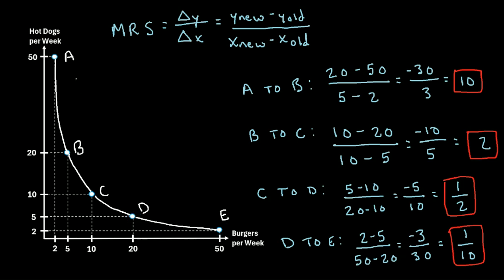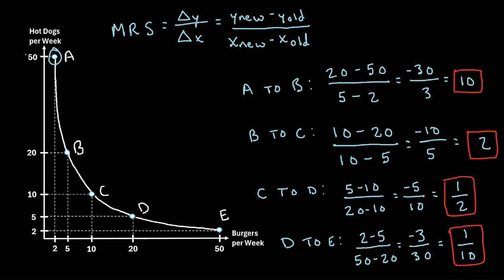So one thing that we'll notice is that as we're moving down the indifference curve, our marginal rate of substitution is getting smaller and smaller. Another way to say that is that the marginal rate of substitution represents the slope of the indifference curve. So the slope is getting flatter and flatter. And what that really means is that when we're at point A all the way up here and we have 50 hot dogs, we're willing to give up a lot of hot dogs just to gain one additional burger.